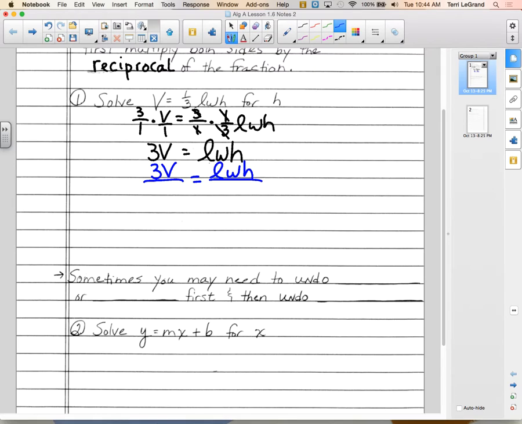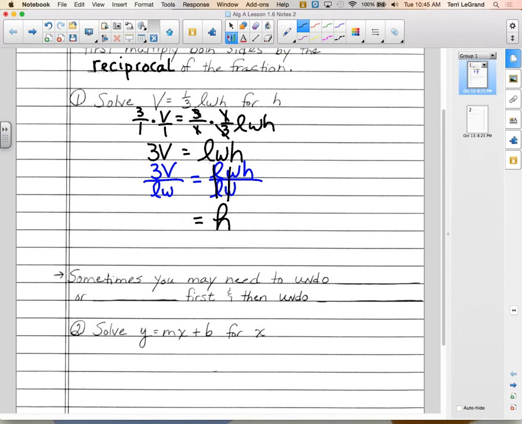So write it again. I'm not letting you shortcut your division this time. Show fraction bars for division. We're dividing by LW. And hopefully if we did the right thing, H should be by itself. These L's will cancel, these W's will cancel, and sure enough, H will be by itself.